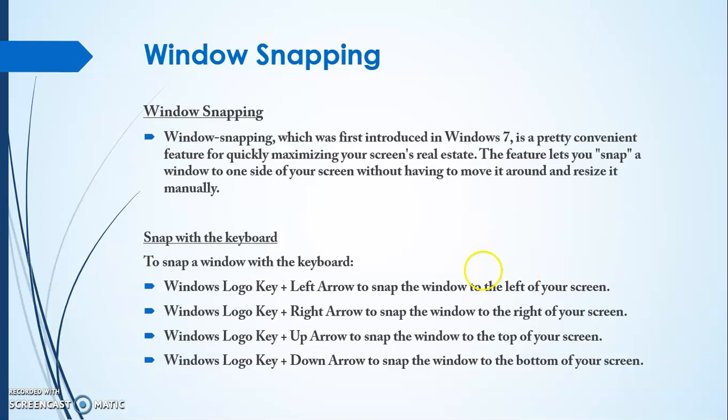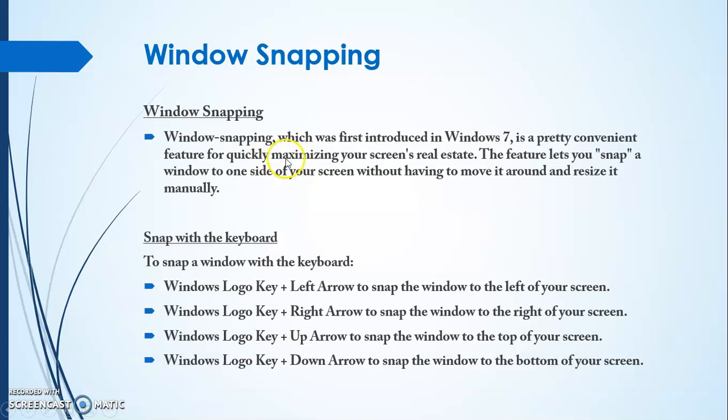Windows snapping was first introduced in the Windows 7 operating system, and it is a pretty convenient feature for quickly maximizing your screen's real estate. You have seen the three buttons at the top: minimize, maximize and close.